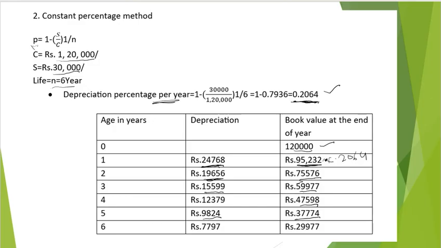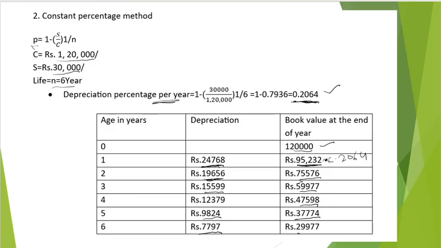In the next year, 37,774 multiplied by 0.2064 will be 7,797. So 37,774 minus 7,797.